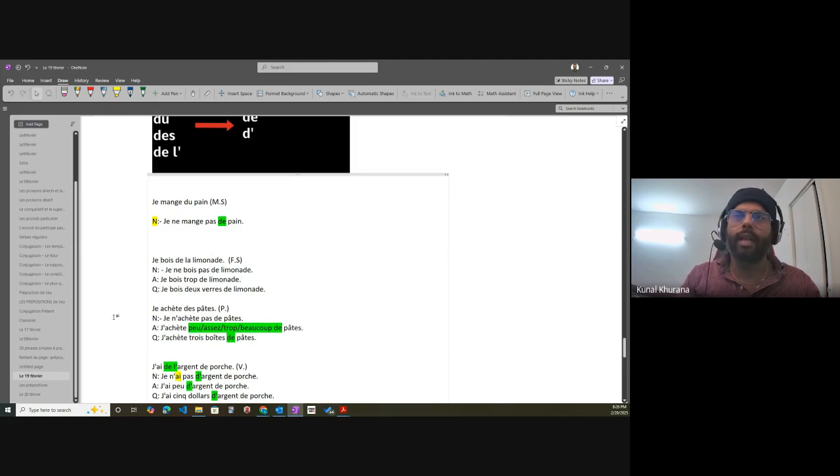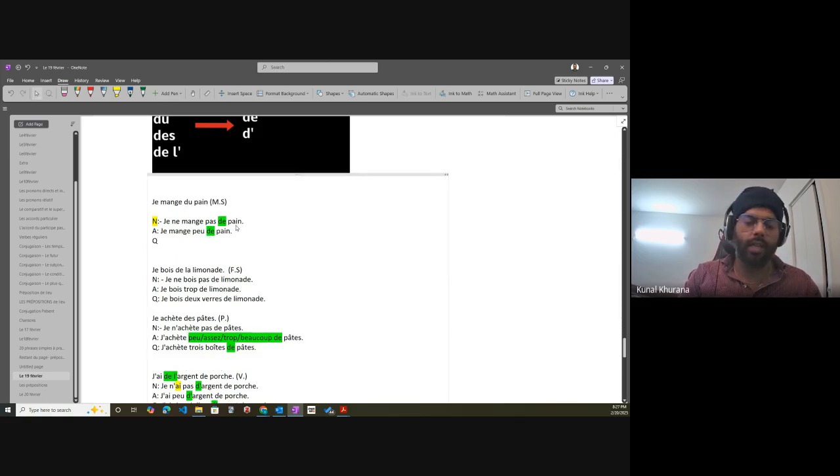Now with an adverb, if I want to say a little bit of bread, then also du changes to de. So then it's je mange peu de pain. Here du changed to de because of the adverb peu.